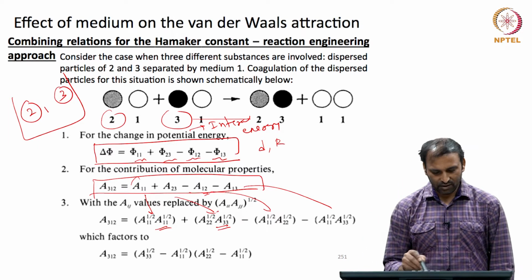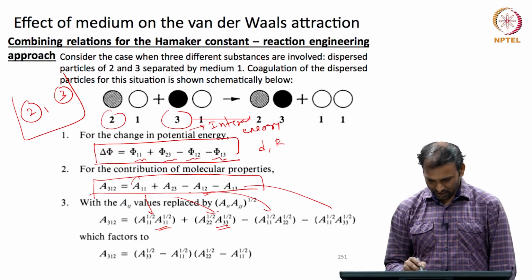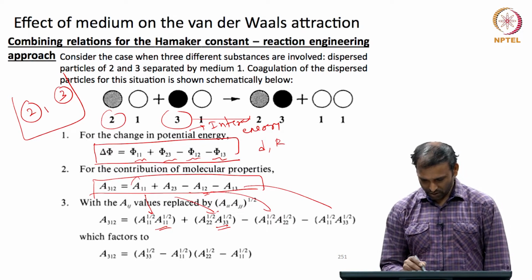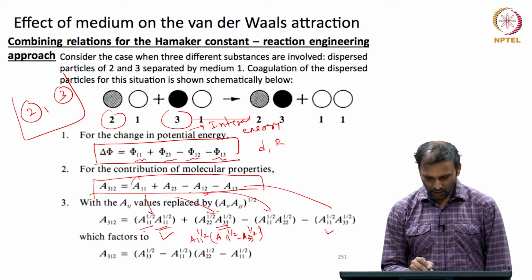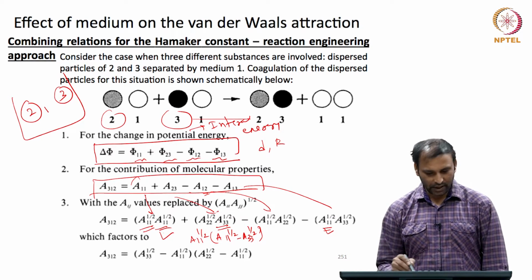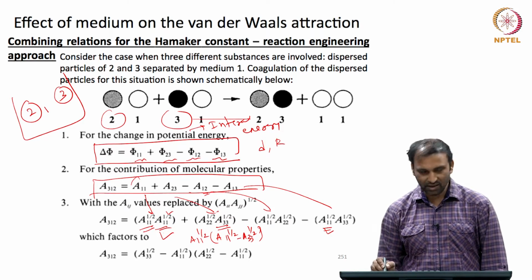I can rearrange a few things. So, what is common here? I can take this term and this term. So, I can write it as A11 to the half times A11 half minus A33 half. That is if I take these two terms, A11 to the half is common. I have taken that, so what is left here is A11 to the half minus A33 to the half.